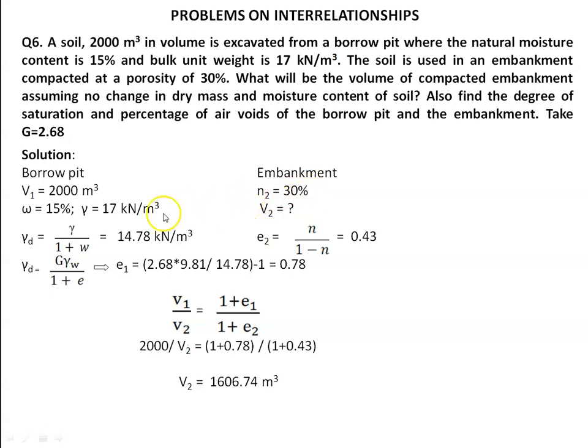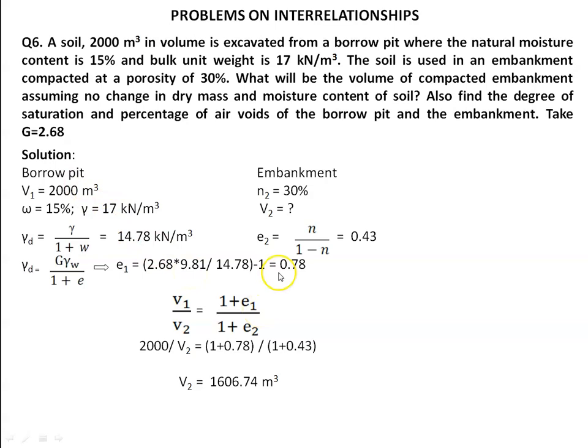So corresponding to the borrow pit soil, you can estimate the dry unit weight, which is equal to bulk unit weight divided by 1 plus water content. So knowing the value of dry unit weight, we can estimate the void ratio using the equation G gamma W by 1 plus E. So that we can estimate the void ratio corresponding to the borrow pit soil.